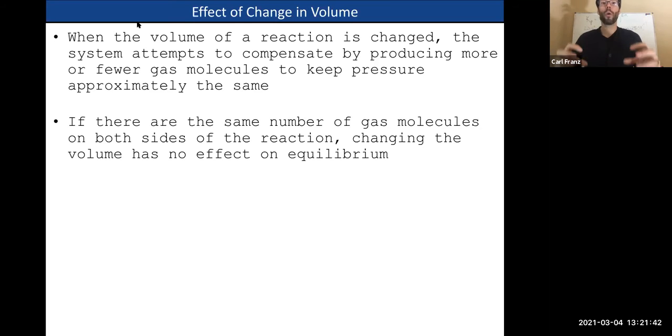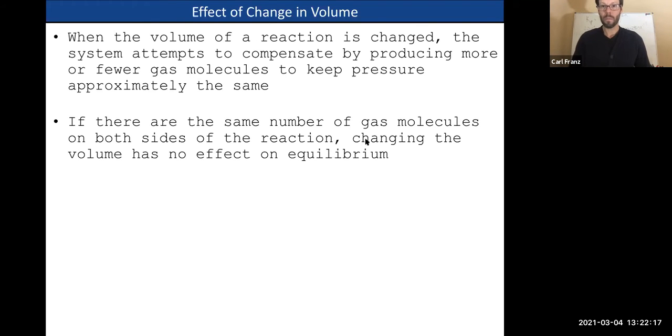Now, if there are equal numbers of gas molecules on both sides of that reaction, then changing the volume isn't going to change the equilibrium, right? It's just going to compress it, and it's going to put them in more close proximity to each other. But if we have different numbers of reactants and products, and we change the volume, it will change the equilibrium to where there'll be a different rate of either the products or the reactants being made.